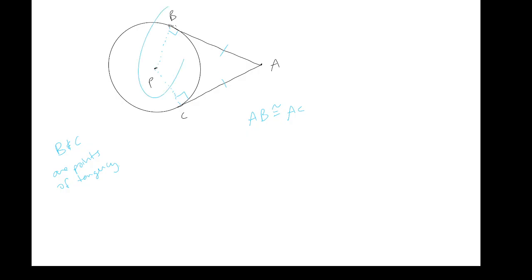What do you know about PB and PC? What type of lines are they? Congruent. Absolutely, because they're both radii, and all radii are congruent, right? Because all circles, just as you've demonstrated when you've constructed these over and over again today, you've probably drawn circles from that center where the needle goes to every point on the circle is going to be equidistant.